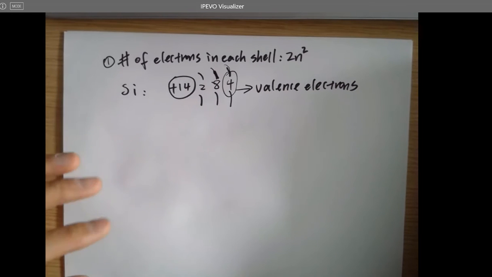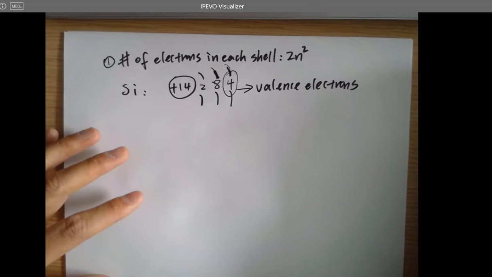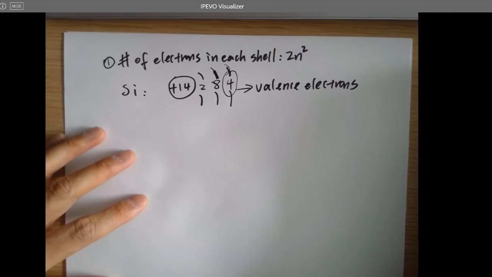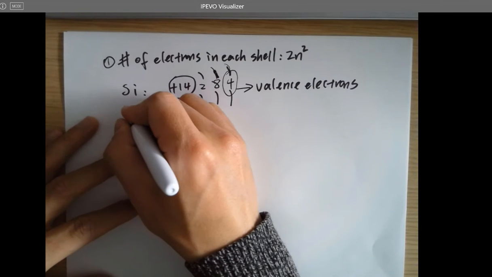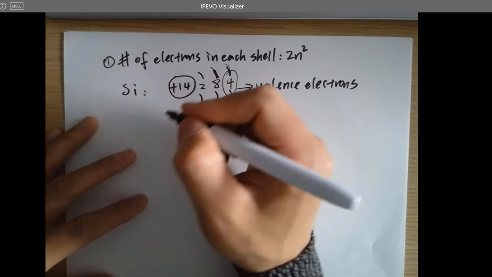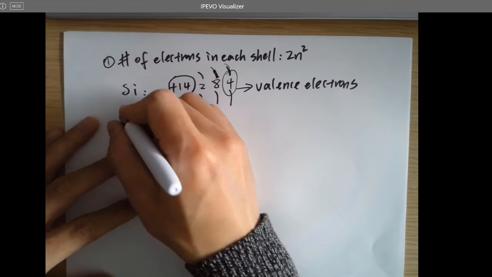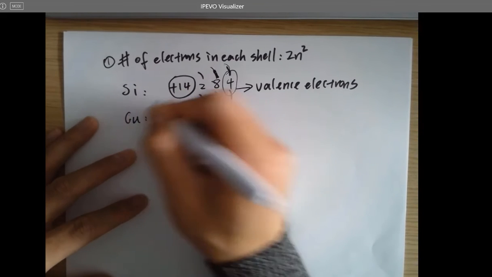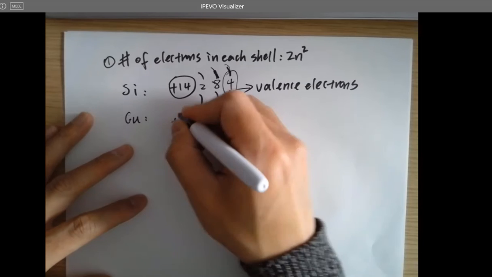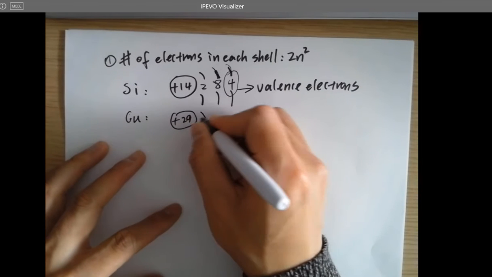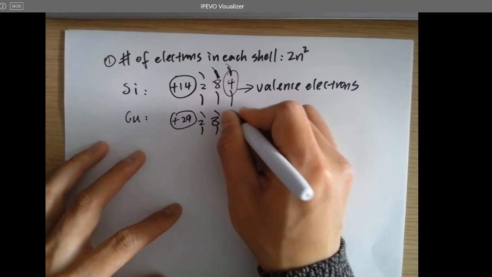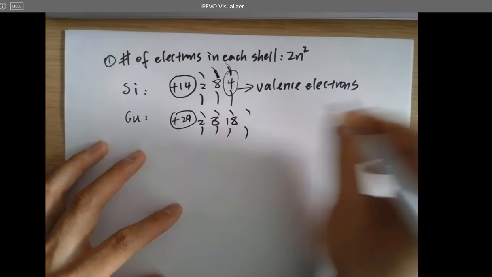Because it's involved in valence bonds with other atoms, right? So what about copper? Copper is 29, if I'm correct. It's 2, 8, 18.